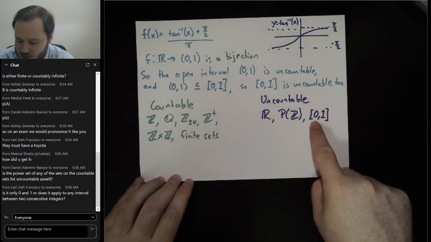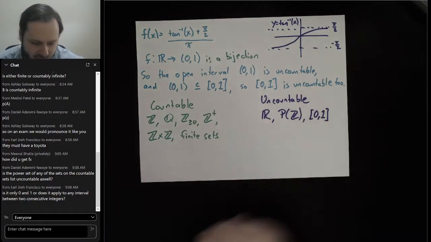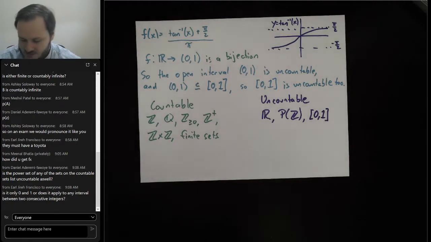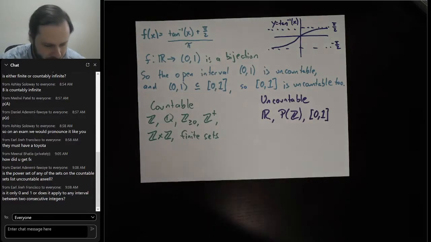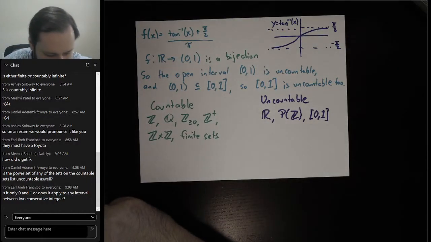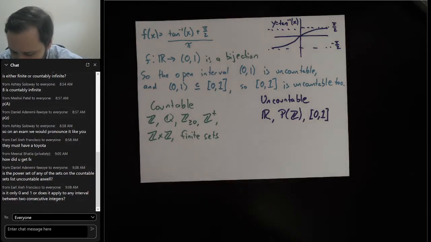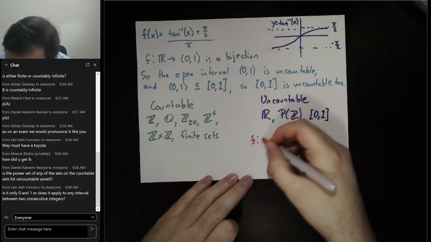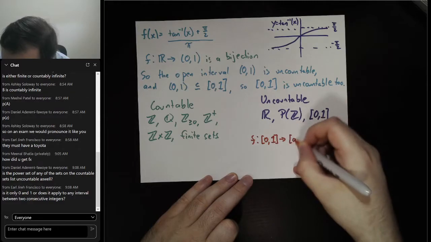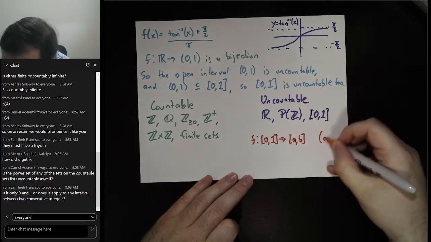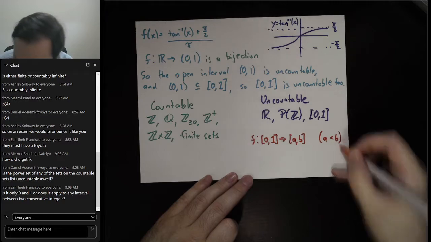I can find a bijection from 0, 1 to a, b relatively easily. So here's, very quickly, f from 0, 1 to a comma b, as long as a is a smaller number than b.